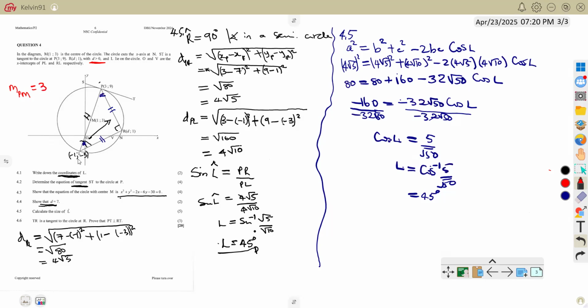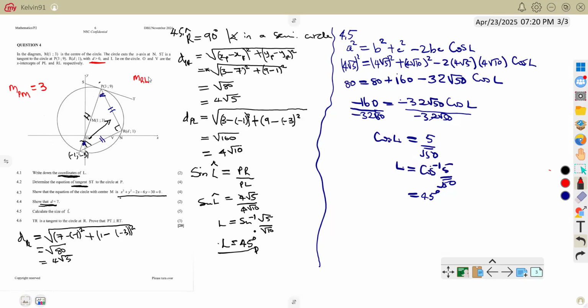Then we also have to calculate the gradient of RL. We need the gradients of those lines making the angle. So the gradient of RL was going to give us what?